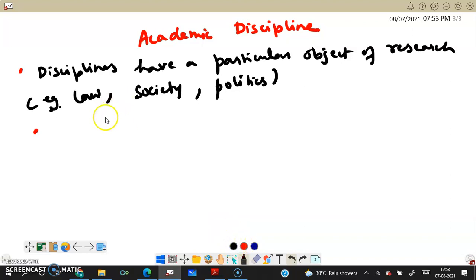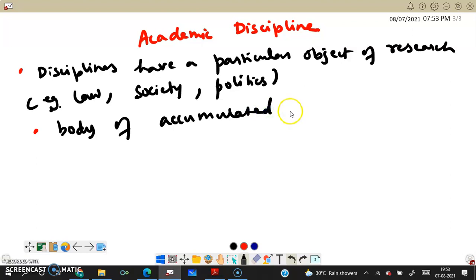Next, disciplines have a body of accumulated specialist knowledge, this is very important, referring to their object of research, which is specific to them and not shared with other disciplines.